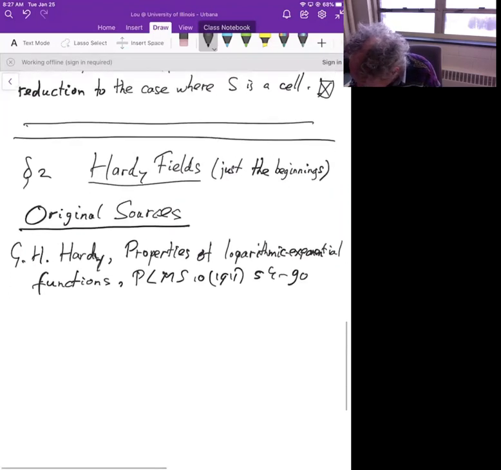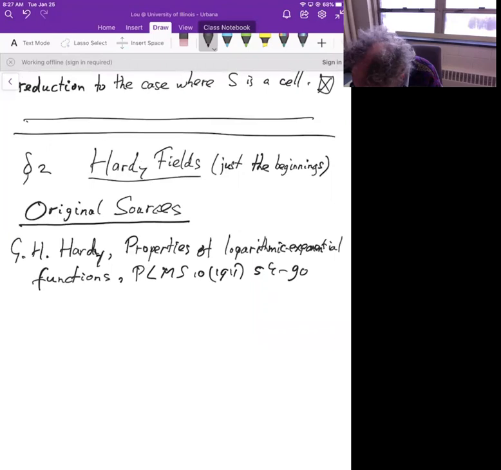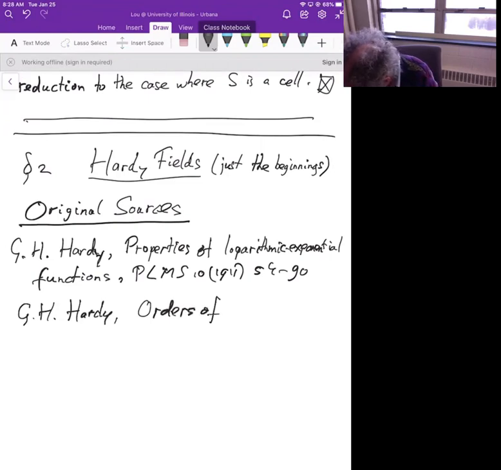And then he later wrote other papers, but let me mention also his little book, which is really nice to read, Orders of Infinity. So that is a little booklet, still nice to consult.